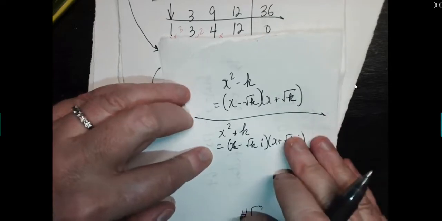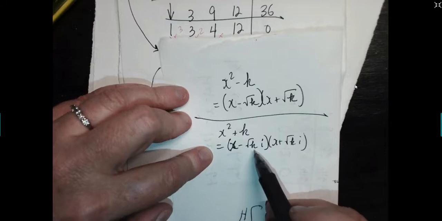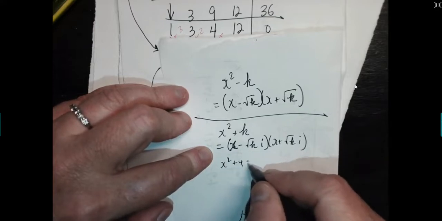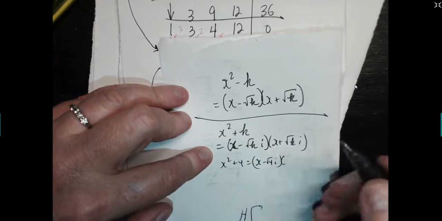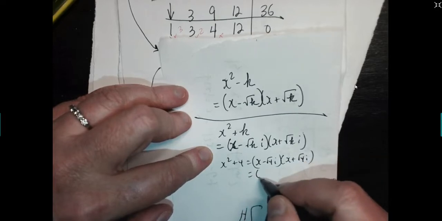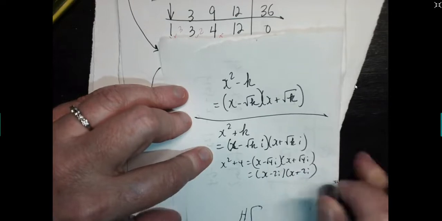And this time it's nice because x squared plus 4 is going to be x minus the square root of 4i, and the square root of 4 is nice, it's 2, and x plus the square root of 4i, which will be x minus 2i times x plus 2i.